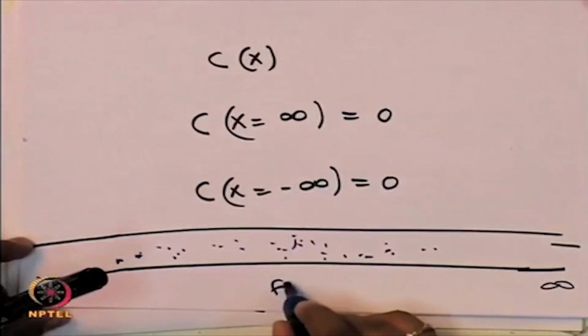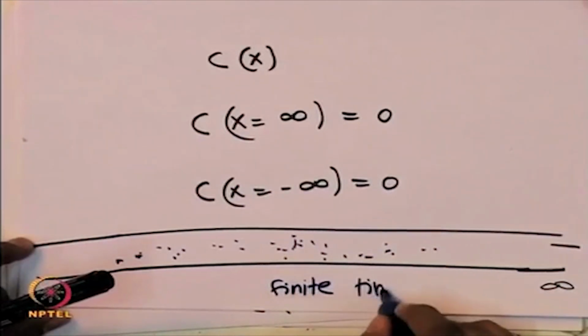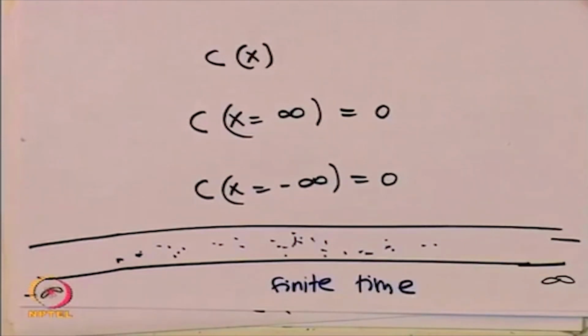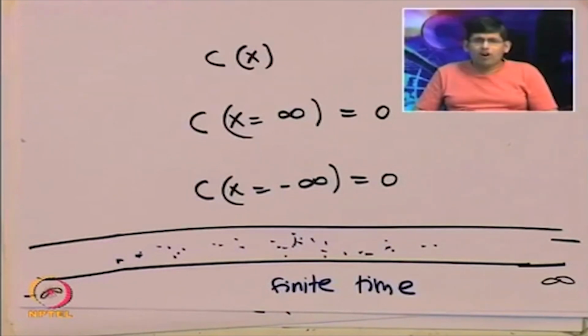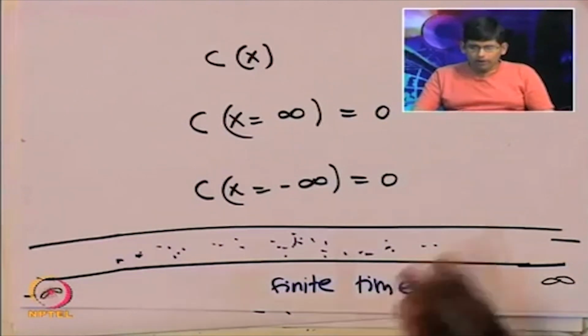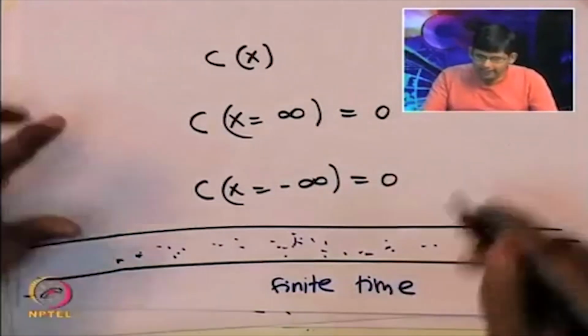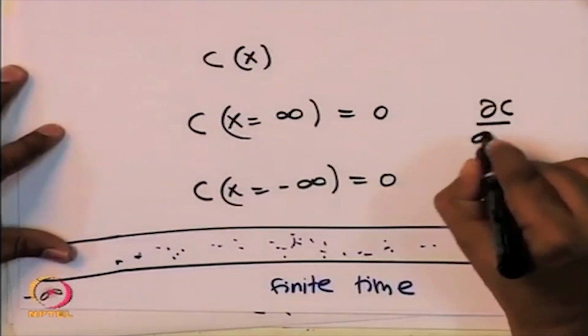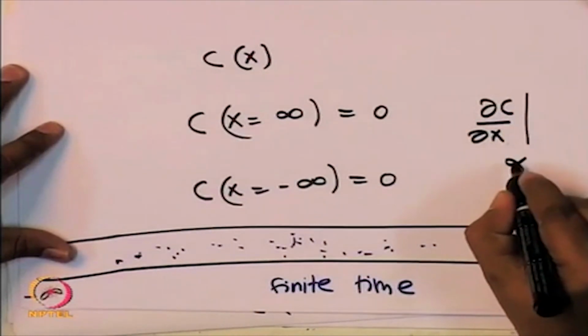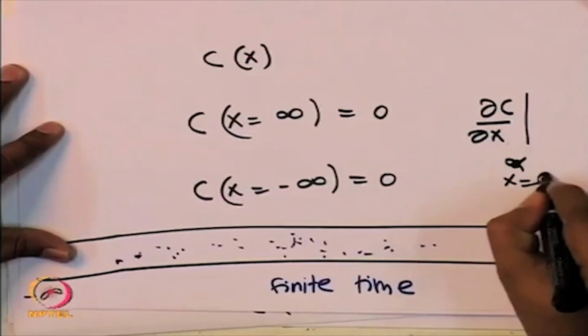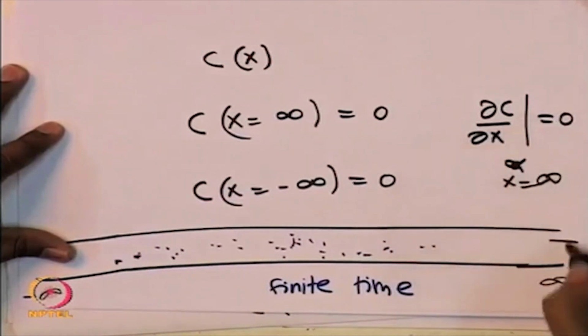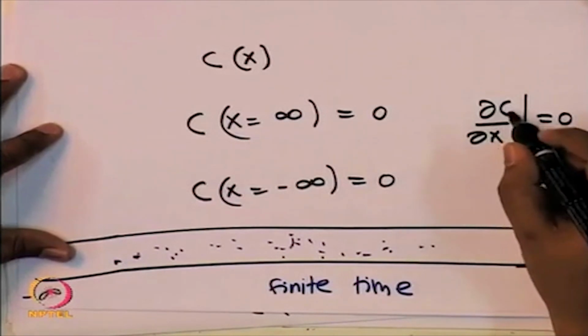This is finite time. At any finite time, after 1 minute, 2 minutes, 3 minutes, 4 minutes, even after 10 minutes, it wouldn't have gone that far. It will still be at a finite distance x. So, knowing this, the derivative del c by del x at x equal to infinity will also be 0, because there are no molecules here, so c itself is not there.